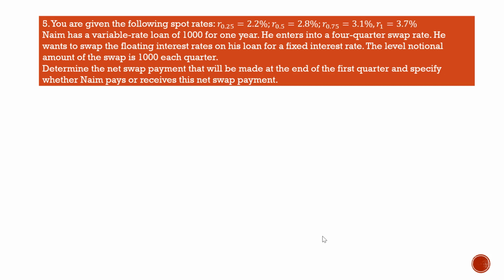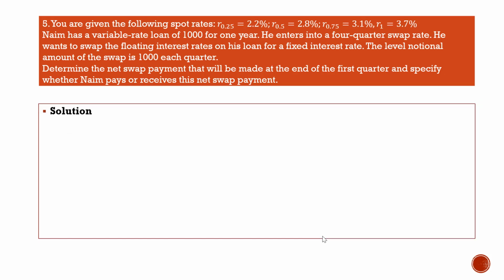So to determine whether Naeem pays or receives this net swap payment, we first determine the amount that Naeem pays and the amount that Naeem will receive during the first quarter, then compare them. So during the first quarter, Naeem will pay a fixed interest payment corresponding to the swap interest rate.